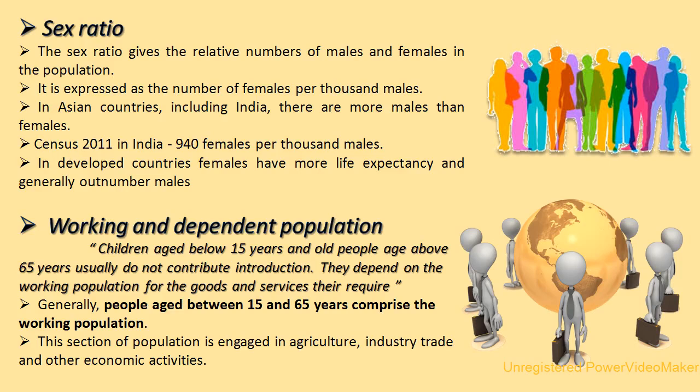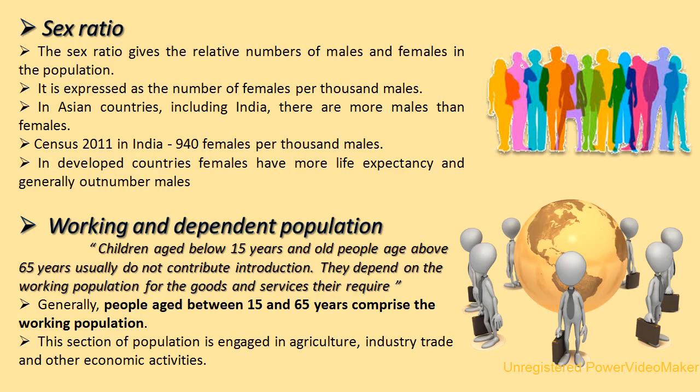So that is the main category. One is working population, another one is dependent population. So now you understood the categorization of the population. In different patterns we are having: first, on the basis of age, 3 groups.